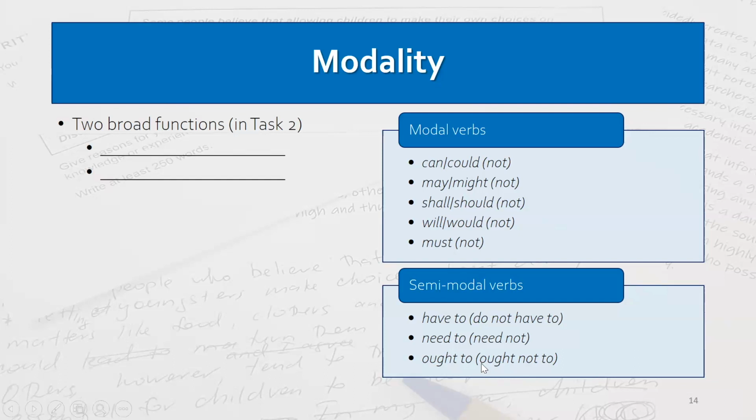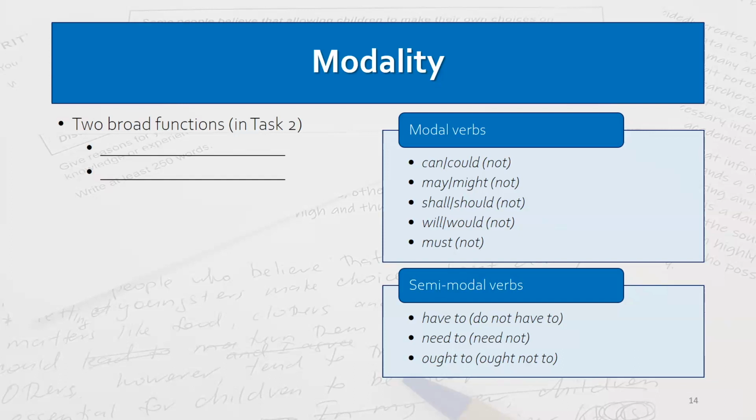So using these words is not really difficult. But you may wonder why we are using these words in a text. Well, in the context of IELTS Writing Task 2, we are using these modals and semi-modals in order to achieve two communicative purposes or very broad functions.